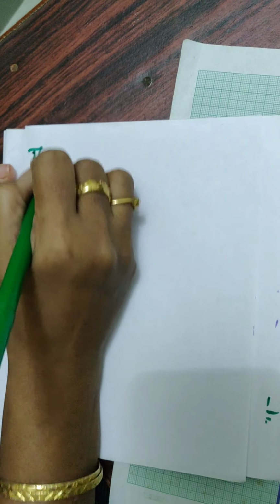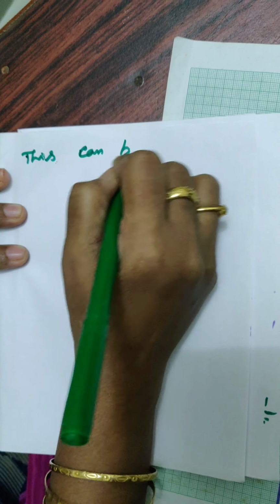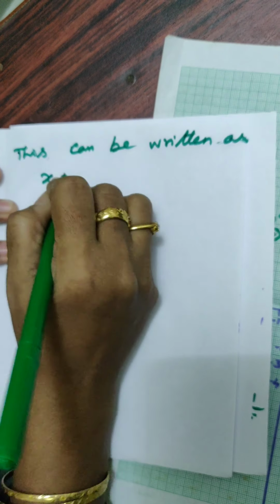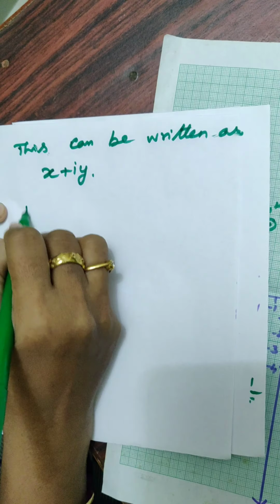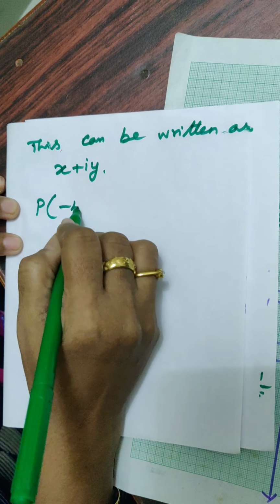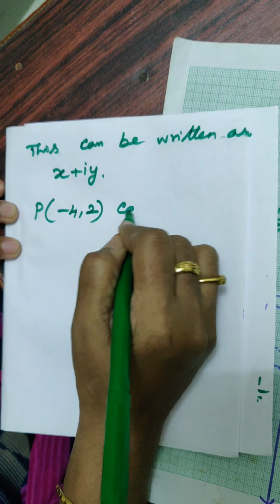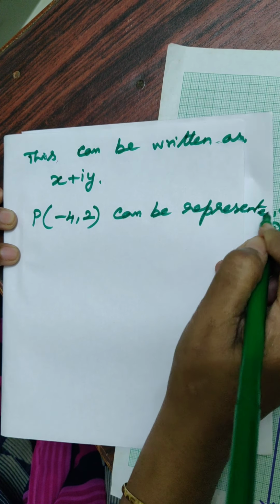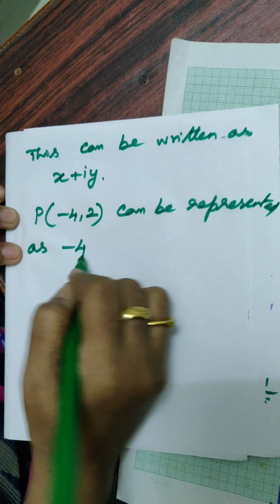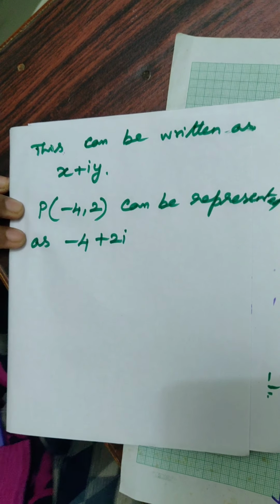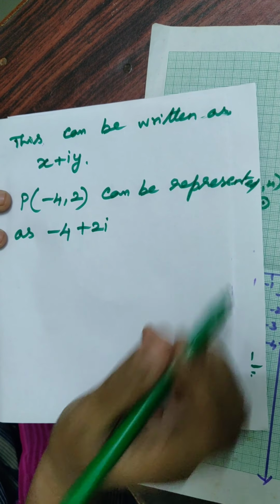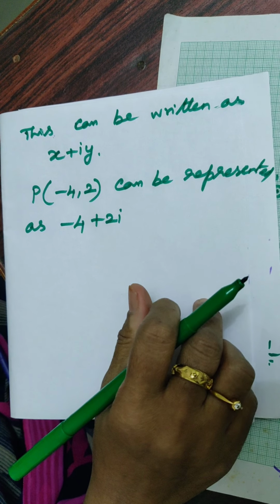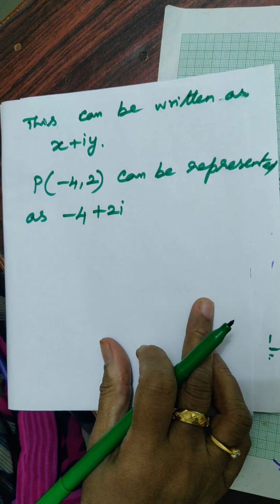This can be written as x plus iy. Suppose P of minus 4, 2 can be represented as minus 4 plus 2i. Be careful. First one refers to the real part, second one refers to the imaginary part. You should not write it as 2 minus 4i. Always the first is the real part and the second is always the imaginary part.